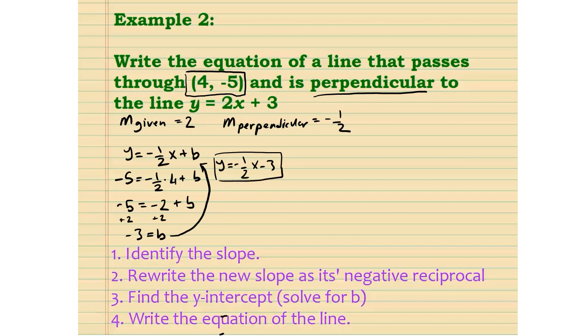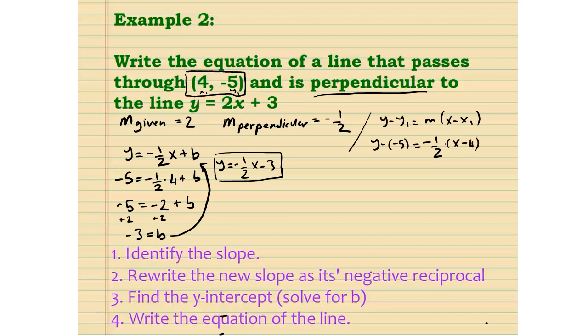Now, let's do the similar process with the point slope form. If you remember, our point slope form equation was y minus y1 is equal to m times x minus x1. Let's plug in our x1 and y1 values for the point, and the slope is -1/2. Y minus -5 is equal to -1/2 times x minus 4.